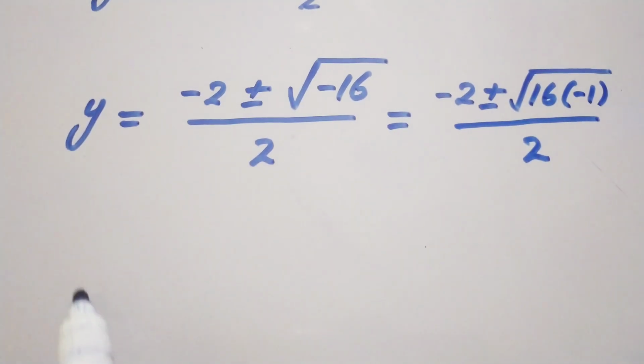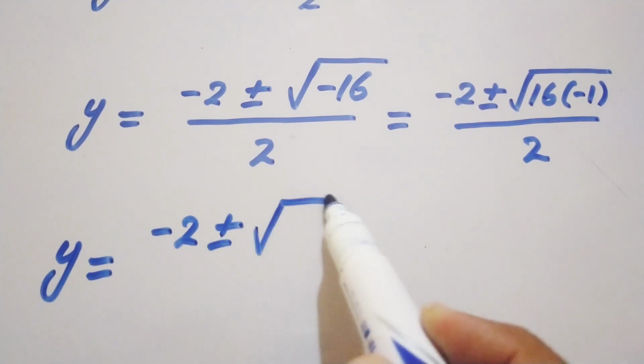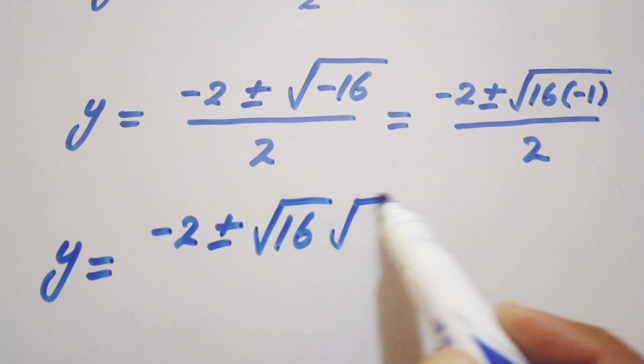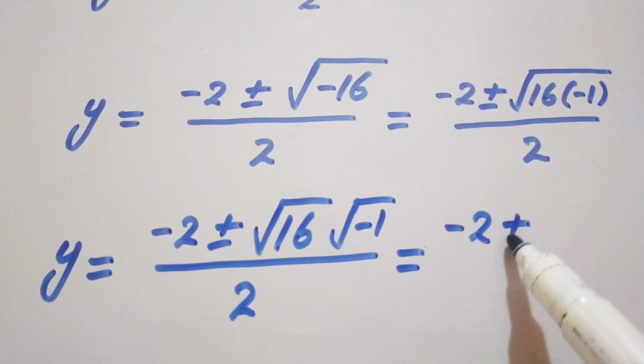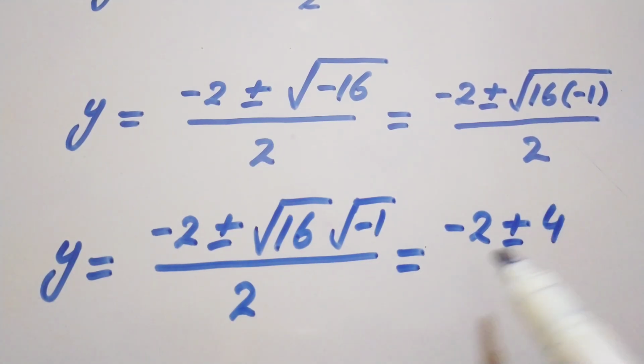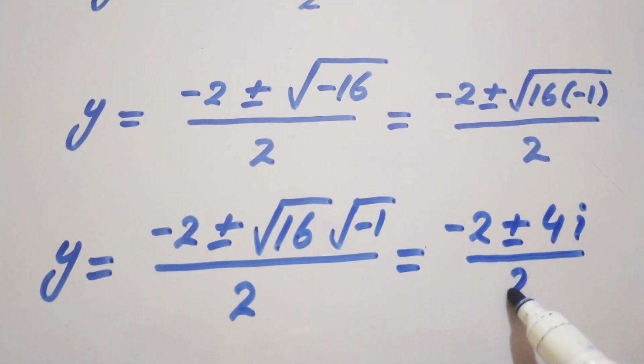So now y is equal to minus 2 plus minus square root of 16 into square root of minus 1, divided by 2. And this is equal to minus 2 plus minus square root of 16, which is 4, and square root of minus 1, which is iota, divided by 2.